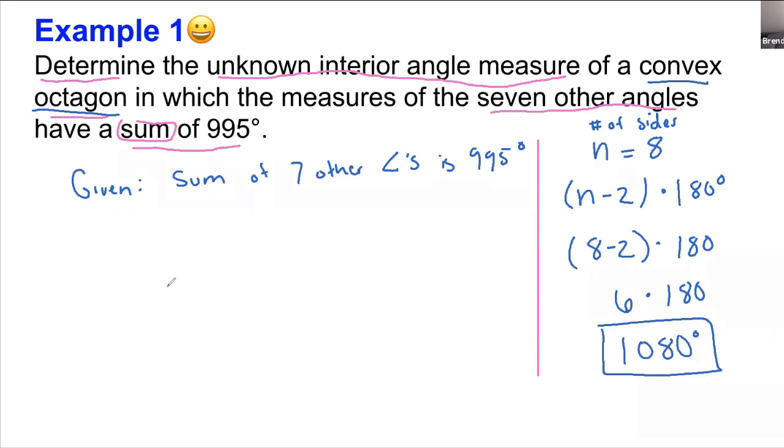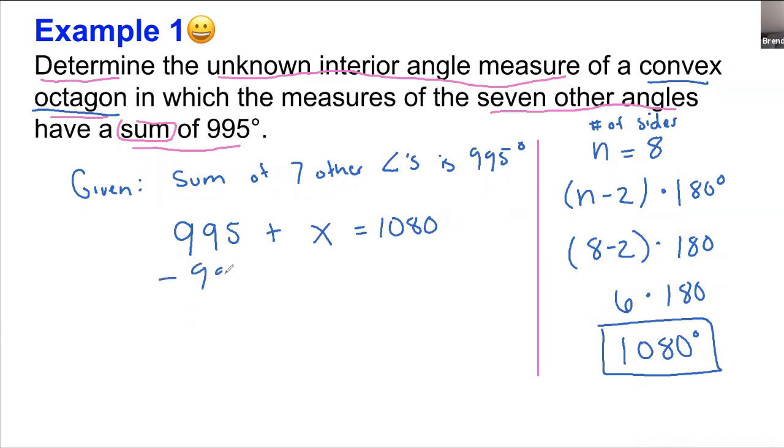Well, if we know that 7 other angles sum to 995, then what we're missing is the measurement of one angle. So let's write our formula for that. 995 plus x, which is that last angle we're missing, equals the total sum of interior angles, 1,080.